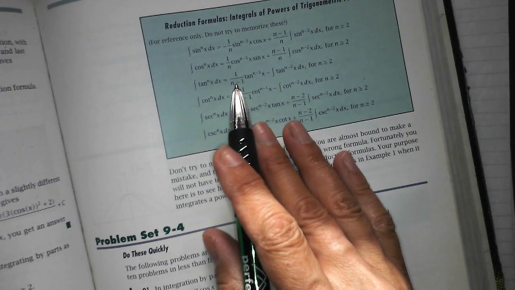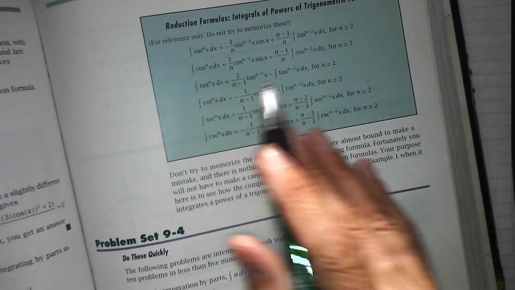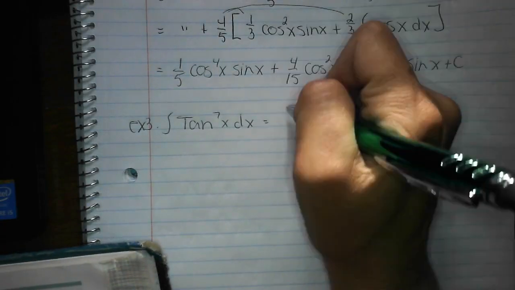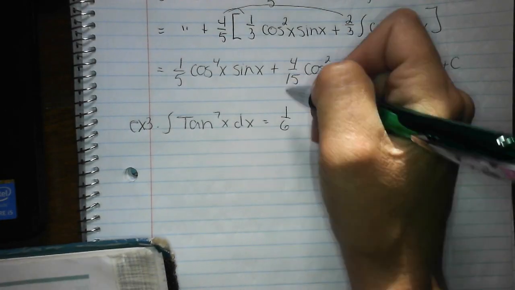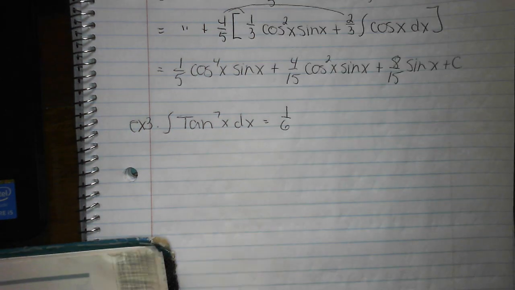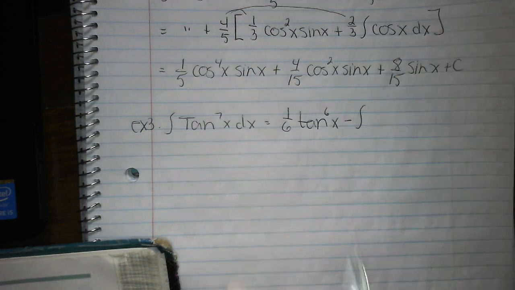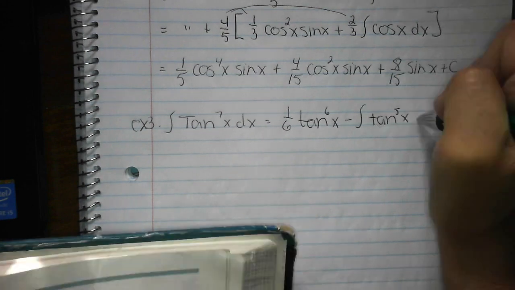So I've got 1 over n minus 1. So that's going to be 1/6. Then it says tan to the n minus 1 minus the integral of tan to the n minus 2. So it'll be tan to the 5th x dx.